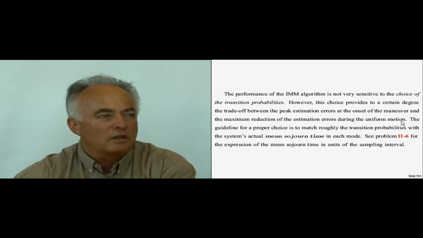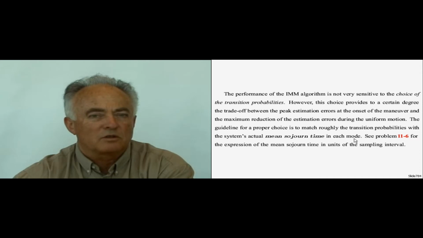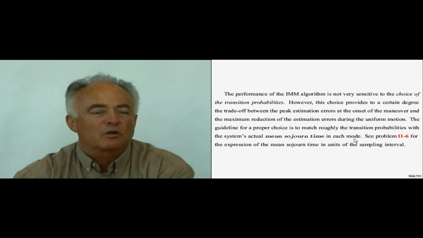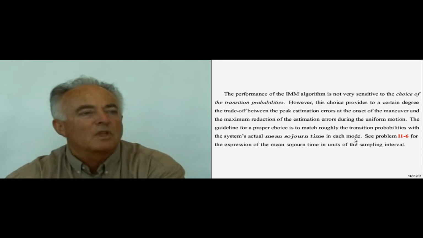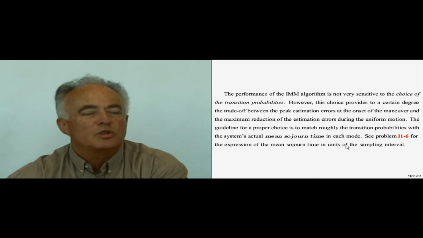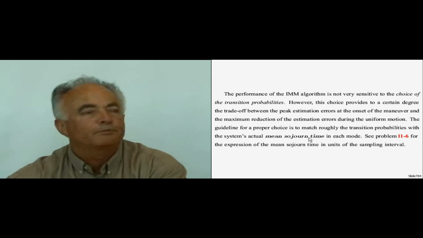The guideline for the proper choice would be to match roughly the transition probabilities with the actual mean sojourn time in each mode. It turns out that as a starting point you can calculate the mean sojourn time. We'll see the expressions of this in a moment, and use this to select those jump probabilities.